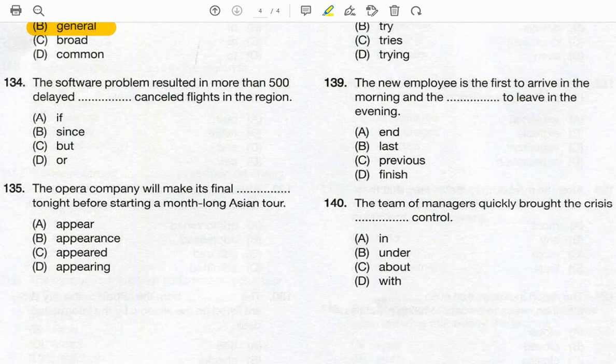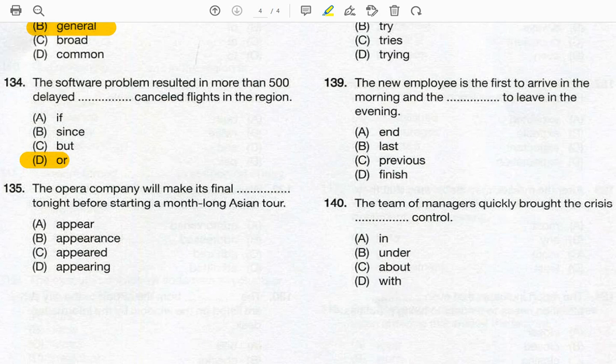The next, the software problem resulted in more than 500 delayed or cancelled flights in the region. So here, since, if, and but, all these conjunctions are not meaningful in this sentence.